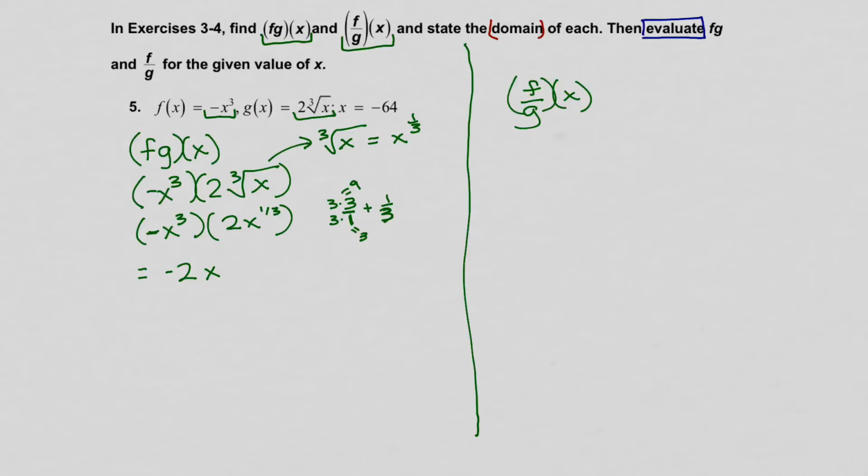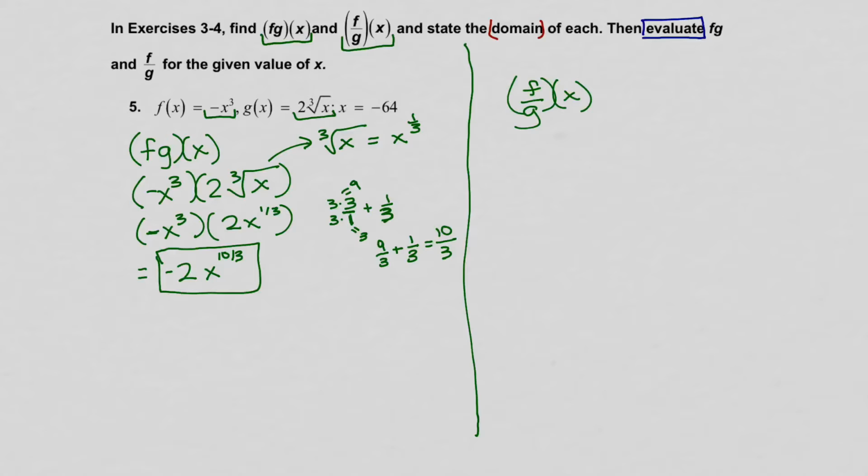I can rewrite this as 9 over 3, that's the same thing, plus 1 over 3. And that makes it super easy to see. How many thirds do I have when I have 9 thirds plus 1/3? Well, I have 10 thirds. So I will fill that in over here. My product of f times g is negative 2x to the 10 thirds.